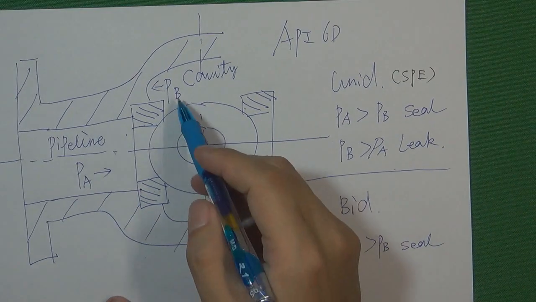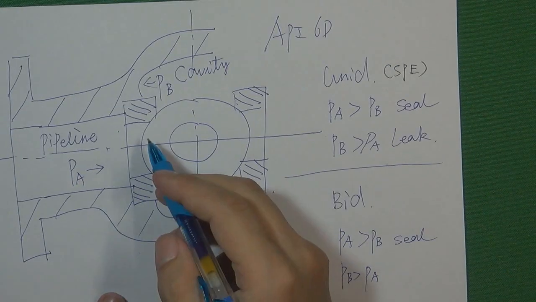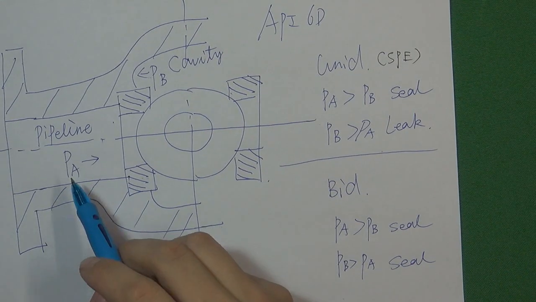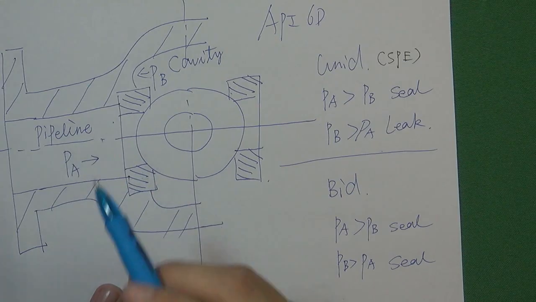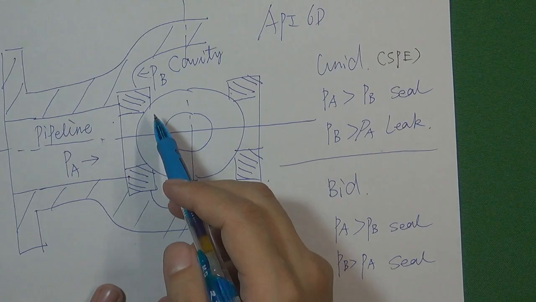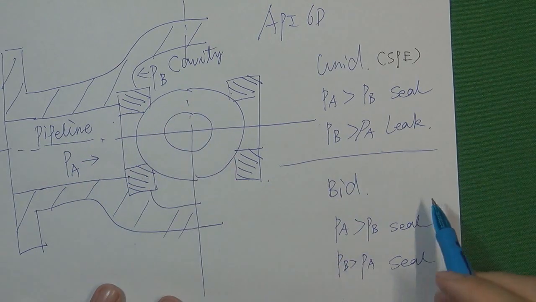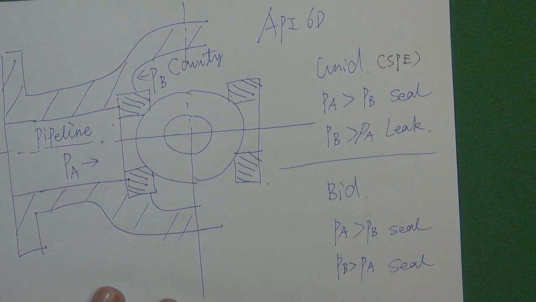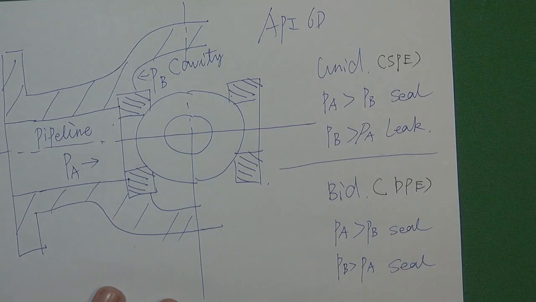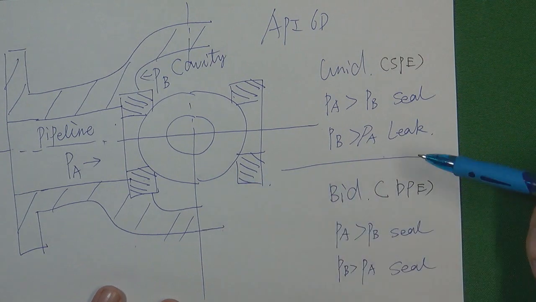And also if pressure B is bigger than pressure A, the seat still seals. So whichever of pressure A and pressure B is bigger, the valve seat still touches the ball, holding against the ball to seal the pressure on each side. This kind of valve seat we call DPE. So those are the basic two kinds of valve seat in the ball valve industry.